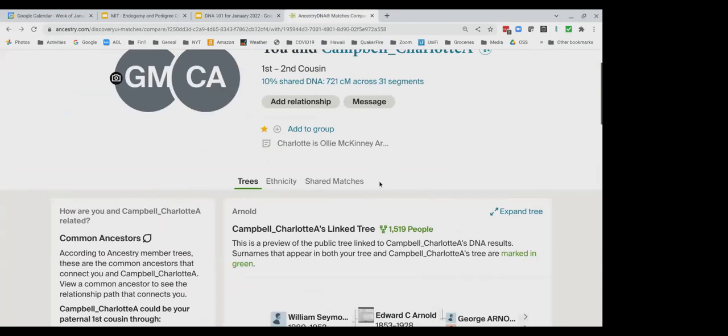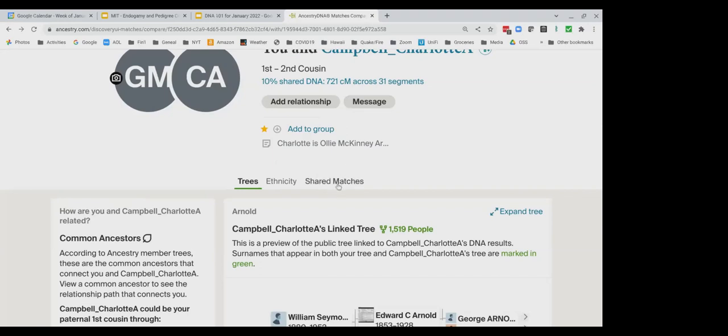This note is useful because later on, I may want to compare Charlotte with other people, and when I do that, I know who she is. For my first cousin, trivial. By the time you get to third and fourth cousins, it becomes more complicated.